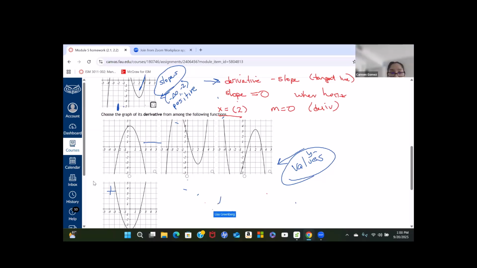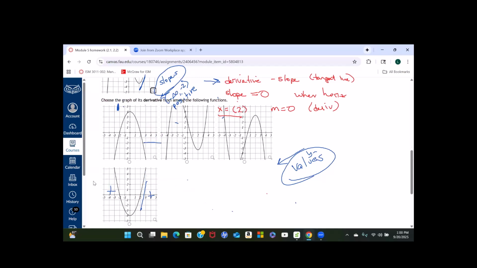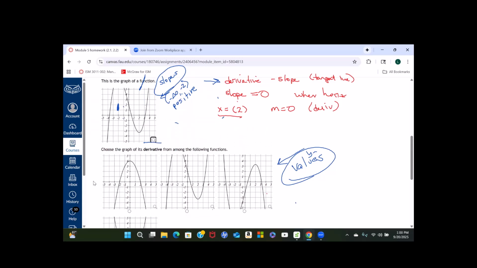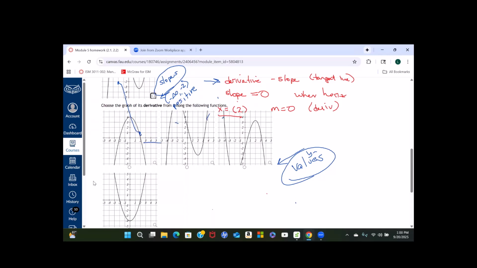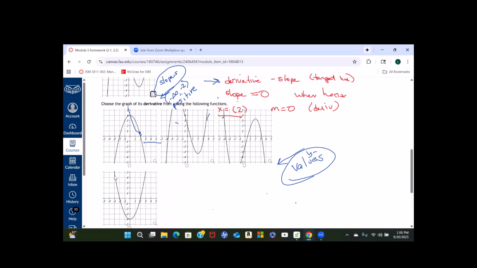And if we go back to the top graph, we can see that between +2 and -2, the slopes are all negative, aren't they? Yes. And if you look at the other graph, these slopes, these values are all negative.